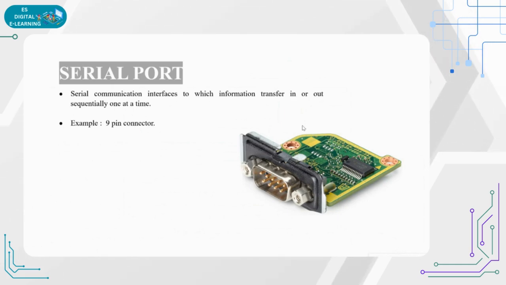What is the difference between serial and parallel communication? Serial means we are sending bits sequentially. Parallel means we are sending multiple bits at a time. Multiple bits per second is parallel, one bit per second is serial, right?